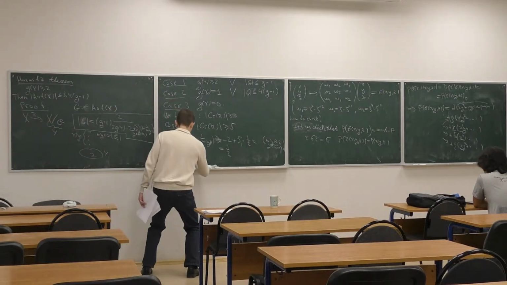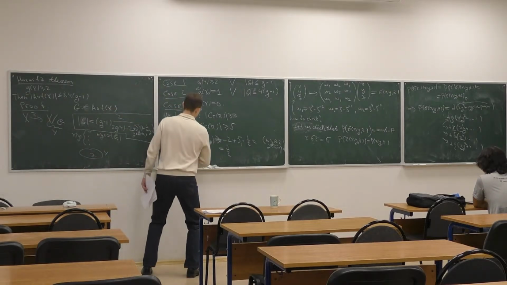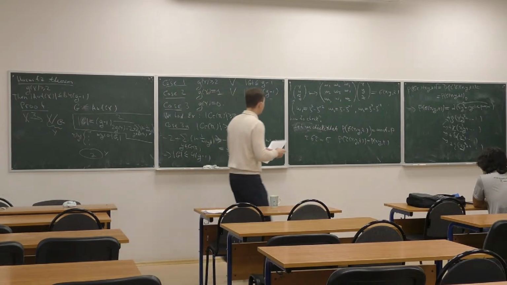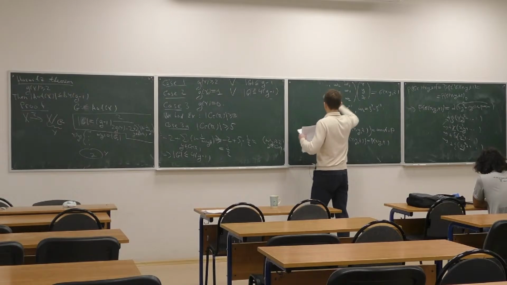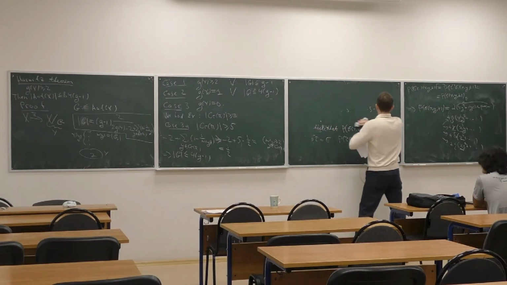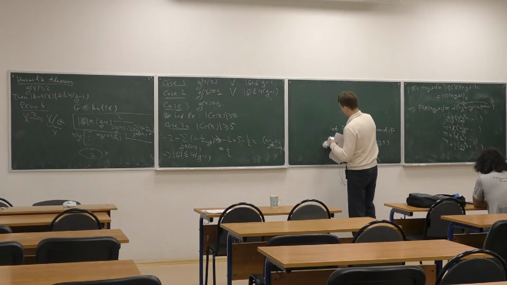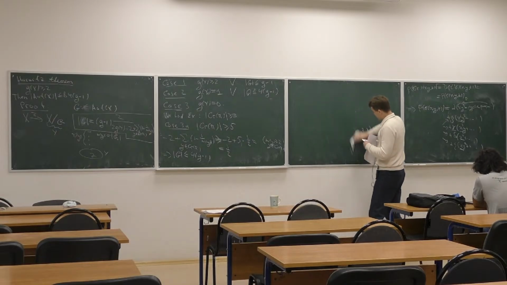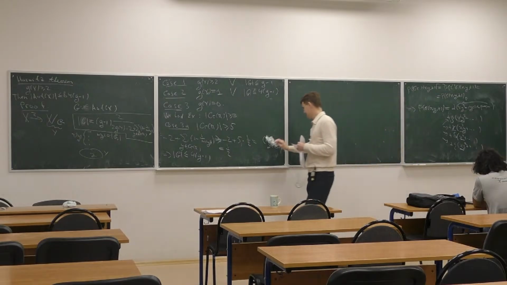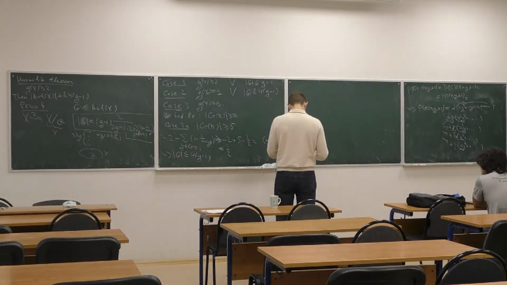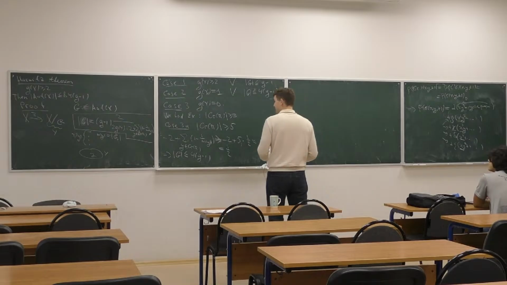So we get 4g minus 1. Okay, and then we continue in the same way. But I suggest to follow carefully all the arguments, because there will be some further homework for which you will need to understand the proof very well.